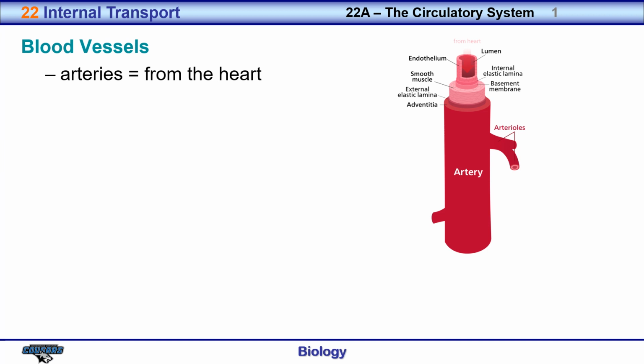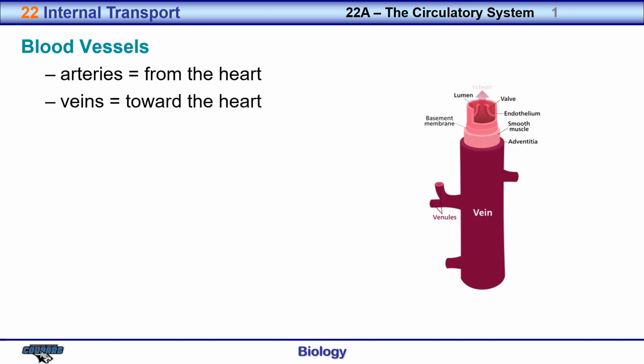There are three main types of blood vessels. We have the arteries, and the arteries carry blood away from the heart. Then we have the veins, which carry blood back to the heart.